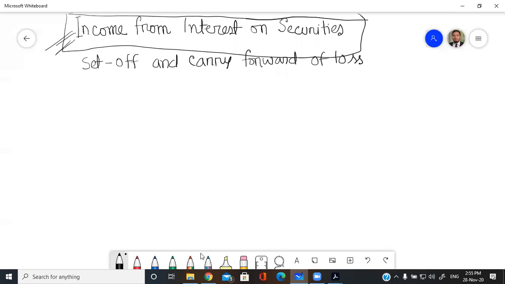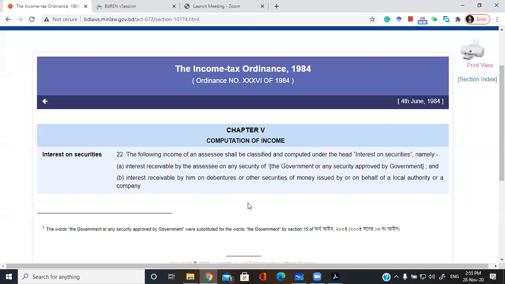So the discussion we just had, you will see the summary here: interest receivable by the SSC on any security of the government or any security approved by the government. So for example, for corporate securities, you need to take approval from the capital market authority to issue the bond in the capital market or for long term.